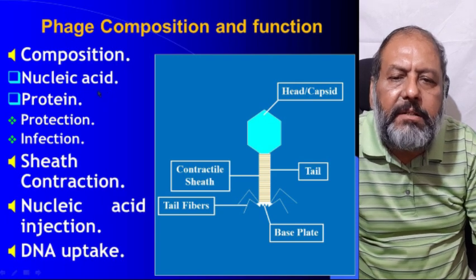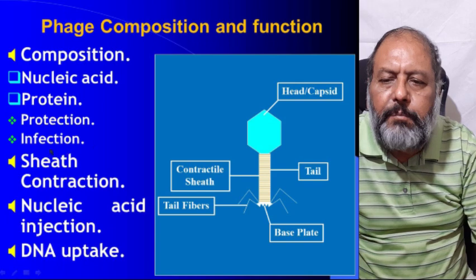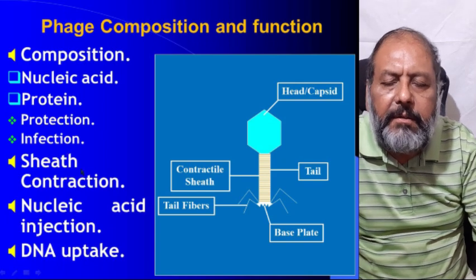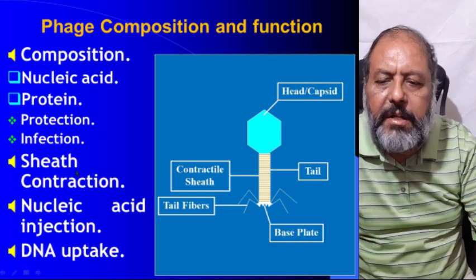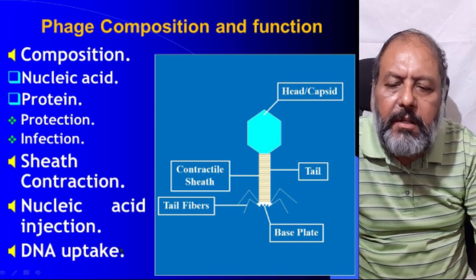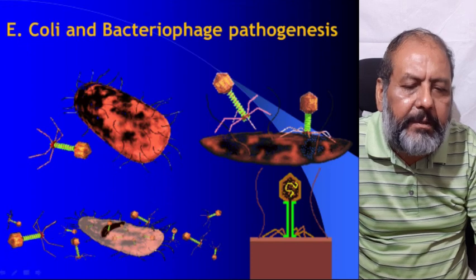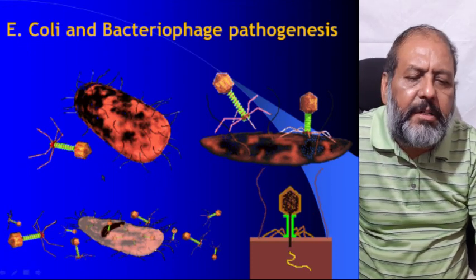Here one can see the phage composition. It has the nucleic acid and proteins for protection and infection, sheath contraction to transfer the genetic material, nucleic acid injection, and the DNA uptake by the bacteria.